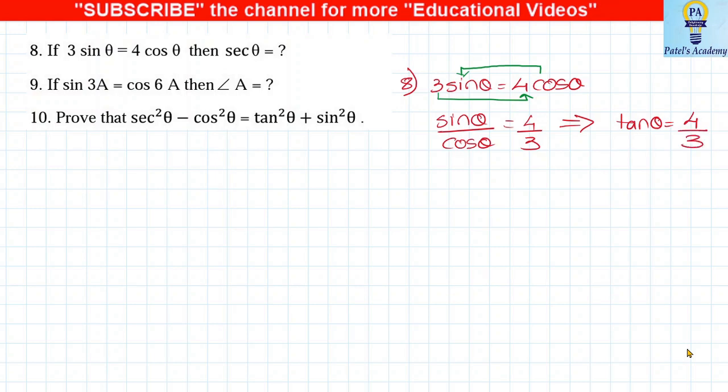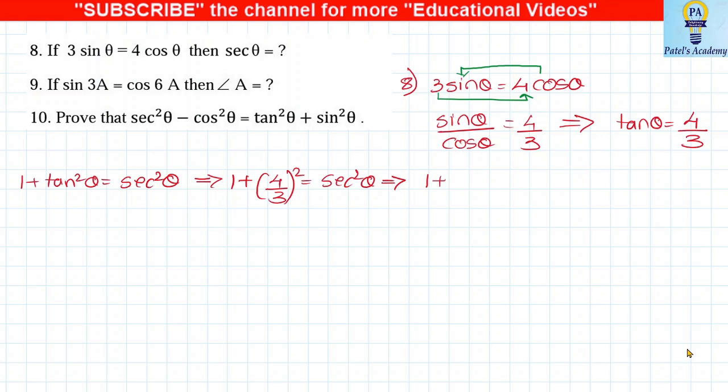You have to find the value of sec. So now we have an identity. That is 1 plus tan square theta equals sec square theta. So 1 plus tan, which is 4 upon 3, bracket square, gives 1 plus 16 upon 9 equals sec square theta.